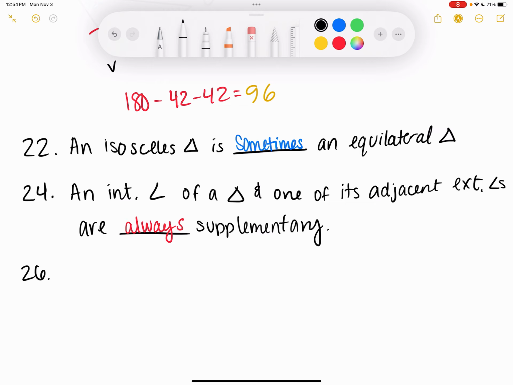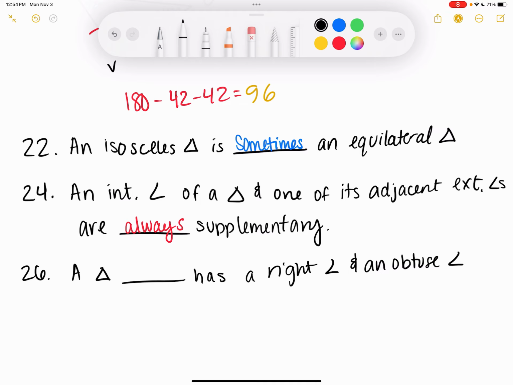26. A triangle blank, always, sometimes, or never, has a right angle and an obtuse angle. Which one are you going with?